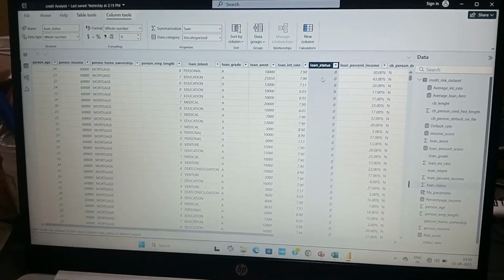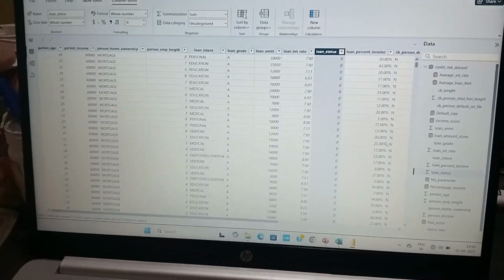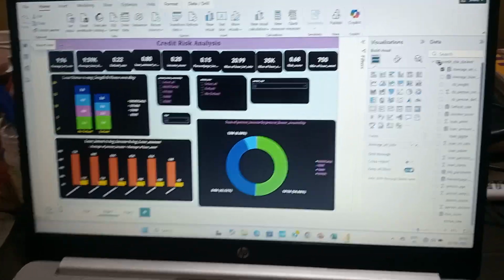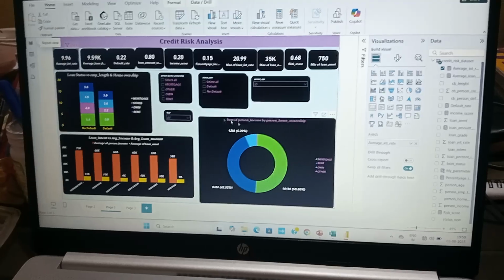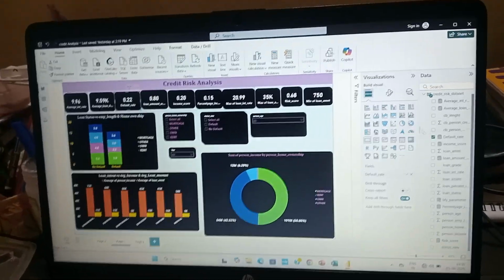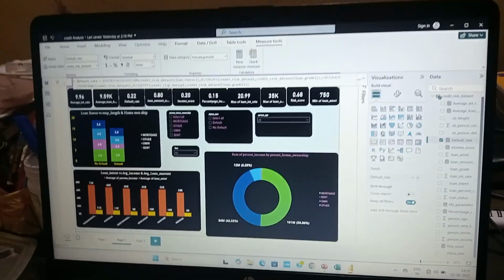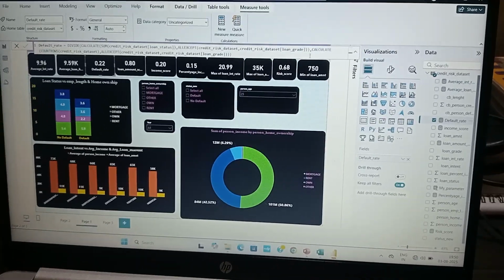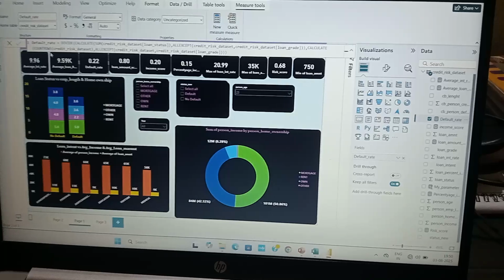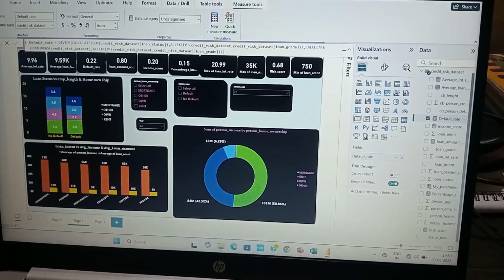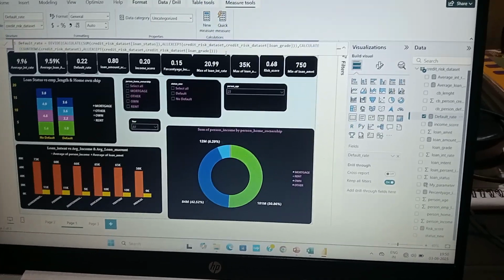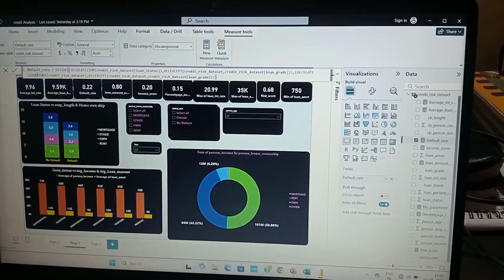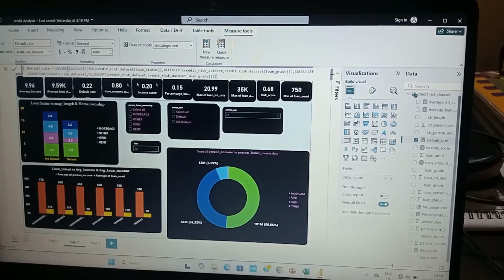Then ALL except the credit risk loan grade, and CALCULATE COUNTROWS, row wise. We can see it is a lengthy formula, but we use it for the default rate as a DAX formula.